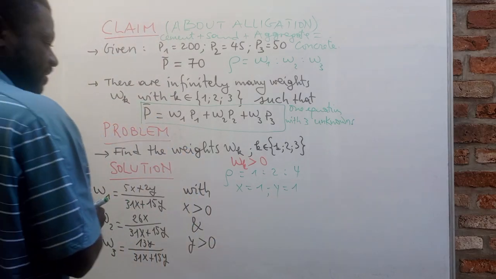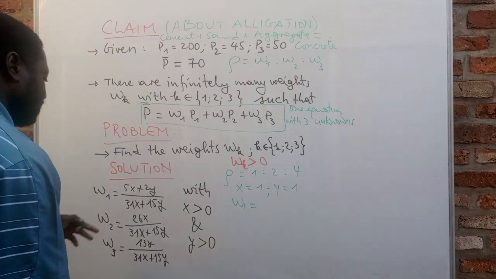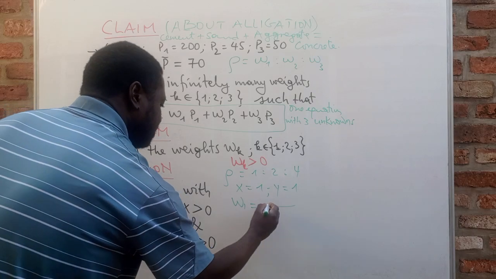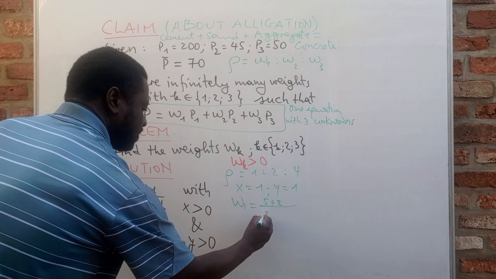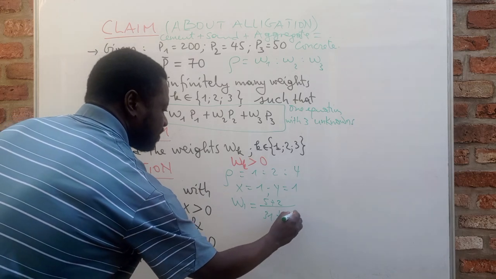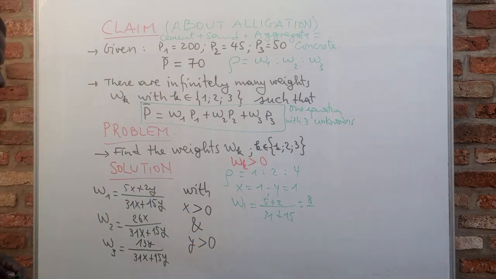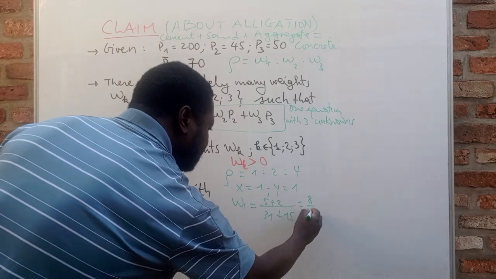So in this case, what I'm going to have for omega 1, the first weight for the cement, is 5 plus 2 in the numerator. The denominator is 31 plus 15, so it's going to be equal to 8 over the sum of these, which is 46.